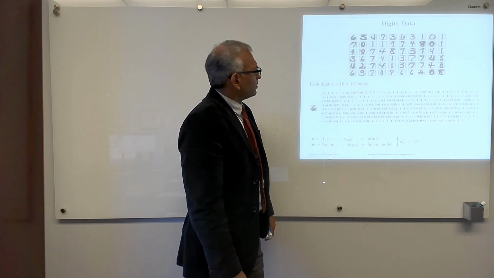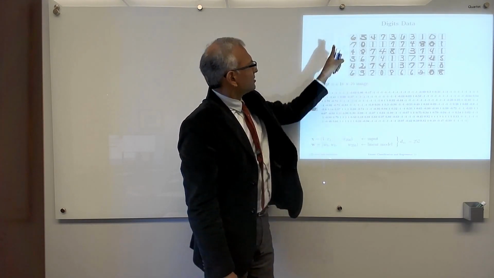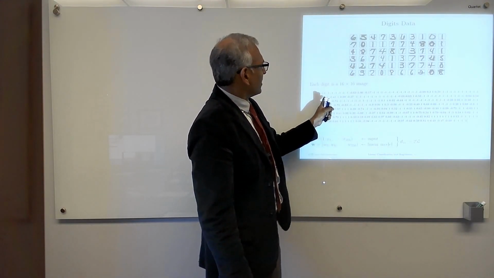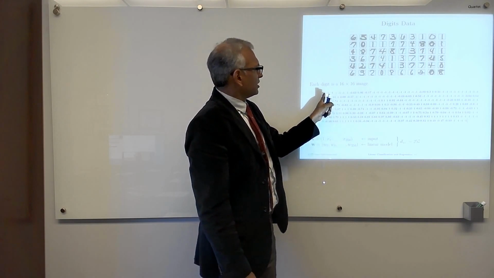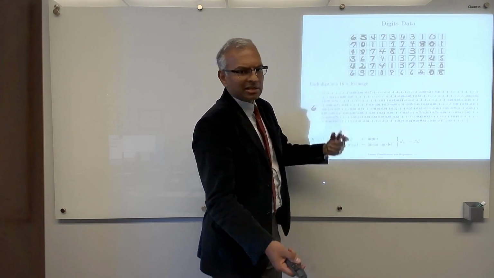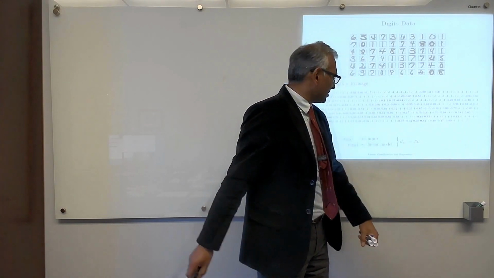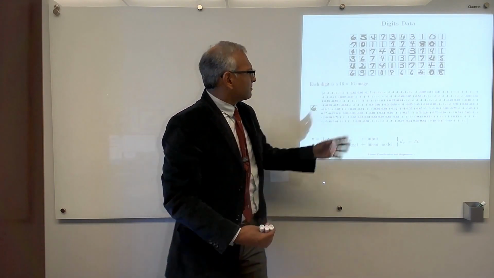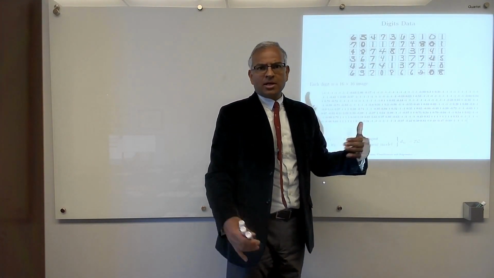So for example, the 6. What is it? It contains 256 numbers. So it's a grayscale image, where -1 is basically white, and +1 is basically black. So you have 256 pixels, and if you ran a perceptron on these 256 pixels, well, let's see.